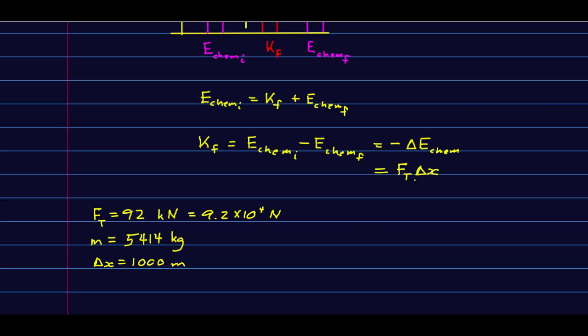We can say our Kf is our work done. So our 1/2 m vf squared is Ft delta x, or in other words, vf is the square root of 2 Ft delta x over m.